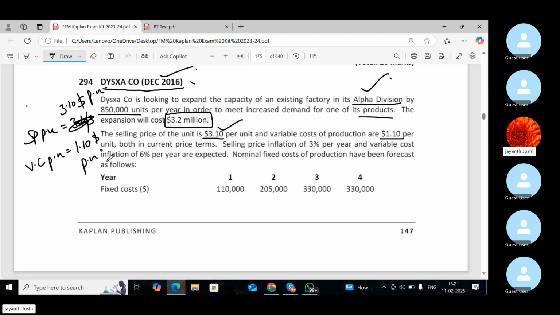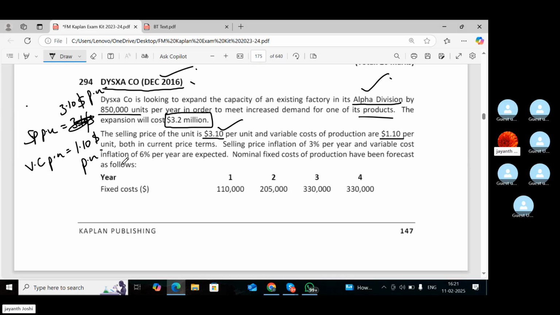Now, coming to these two things, it's very clear to you. We are supposed to find out the cash flows for any NPV question. Cash flows are relevant. So selling price per unit and variable cost per unit are given.